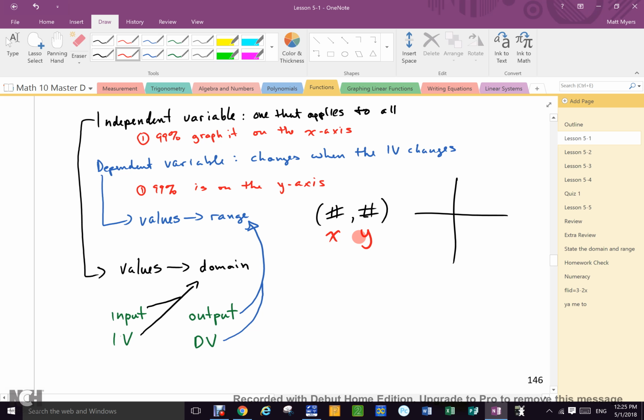Okay. How would you go about finding this spot on the graph? What would you do? On which axis? The x-axis. So you'd go out 2 and then where? And then you go down 7. Down 7. Negative. We all started with 2 because it was x, right? That is our IV, our input, and it's a domain value.